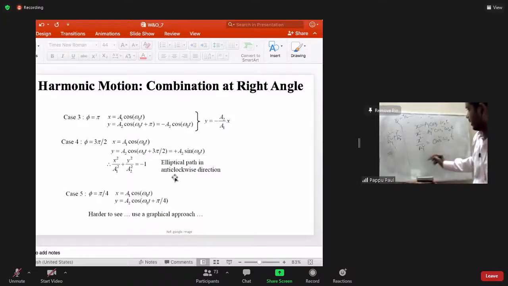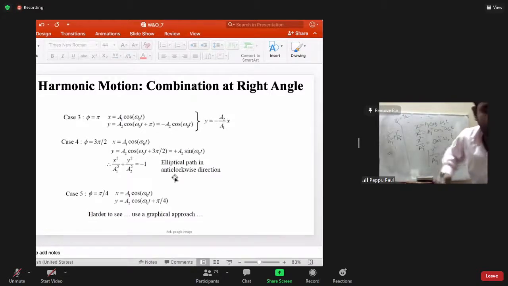Similarly we can find y squared, a2 squared. Y square over a2 square is equal to sine squared omega naught t.